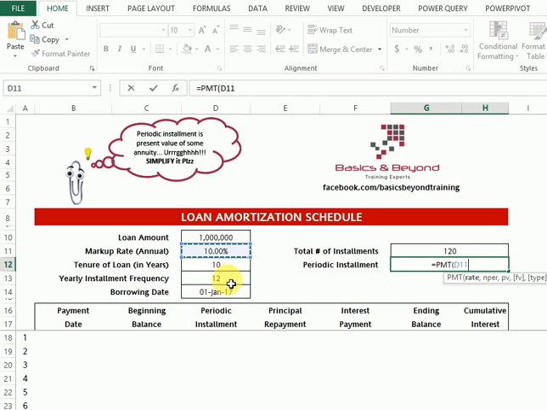Since we will be paying installments at a frequency lower than annual, we will be adjusting our interest rate up to our frequency. Just divide the interest rate by total number of yearly installment frequency.